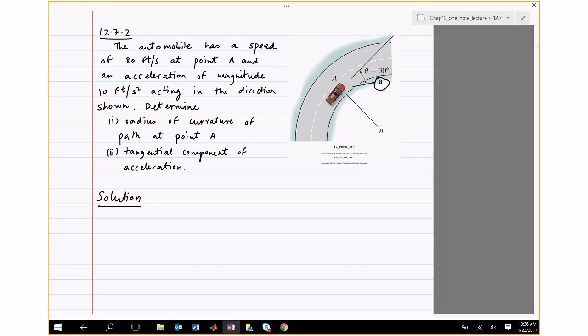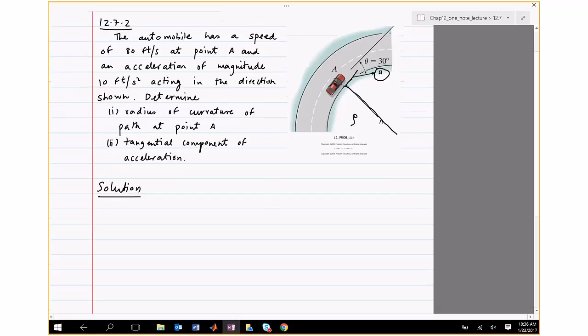You got to find the radius of curvature of the path at point A. So there's obviously a rho here, and then you need to find the tangential component. AT is this way. So this AT, this is going to be AN.